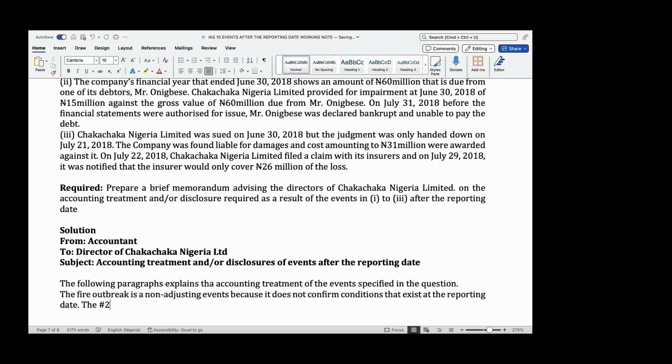The 200 million loss will not be adjusted in a prior year, but in the current.